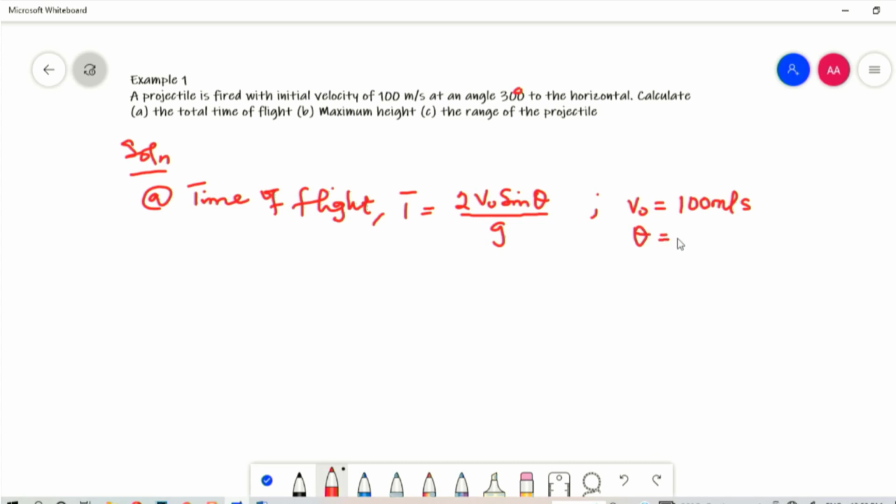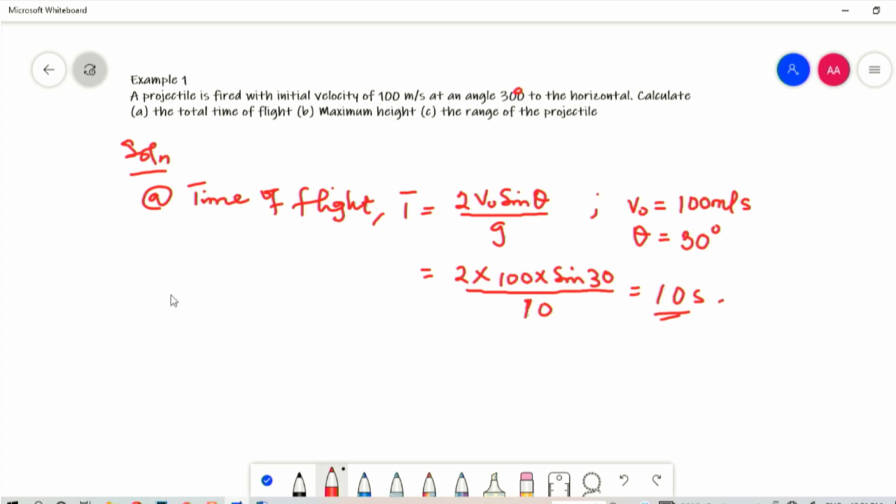Then theta is equal to 30 degree. So we can do that substitution. 2 times 100 times sin 30, then over g, and g is always given as 10. Okay, so carrying out that computation, we have 2 times 100 sin 30 over 10 gives 10 seconds.